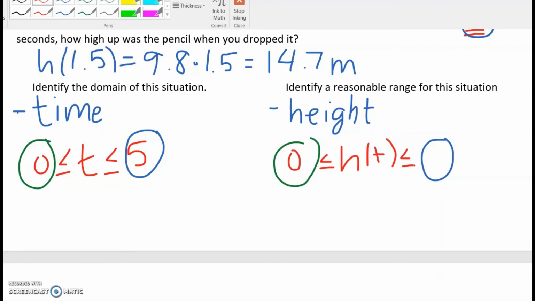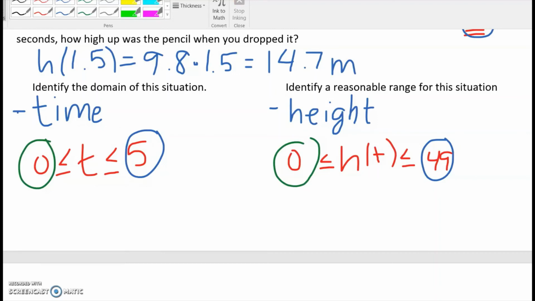But if it took 5 seconds, then we have to figure out what height it's at. So we take that 9.8 and we multiply it by the time 5. And that tells us that it was at a height of 49 meters. 49 meters is like 150 feet, so it's taller than a roller coaster.